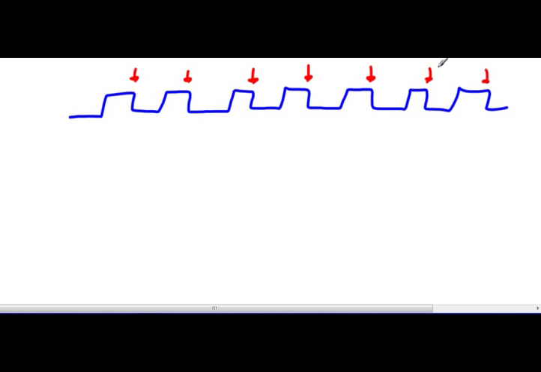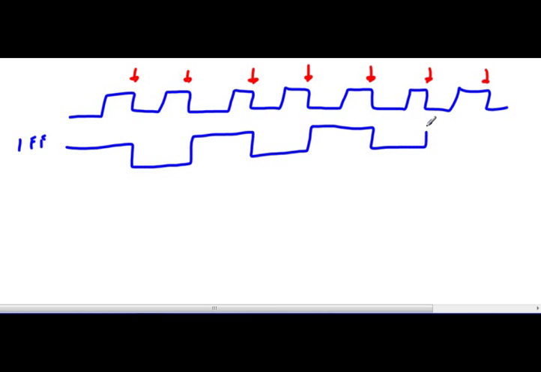And I got one flip-flop. Okay, so I can be high, and I can go low, and high, and low, and high, and low. I basically did a divide by 2 of the clock.